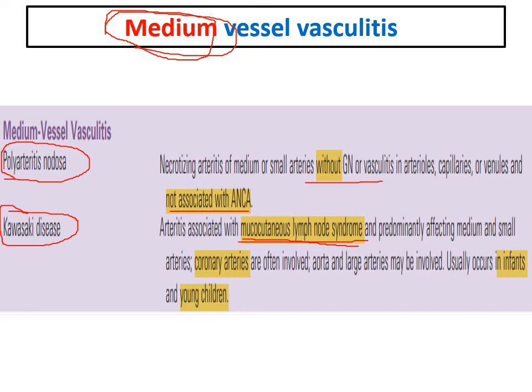This mucosal inflammation usually appears as red patients. They usually have a swollen red tongue, what is called strawberry tongue, erythematous rash, erythema of the palms and soles, and conjunctival injection.